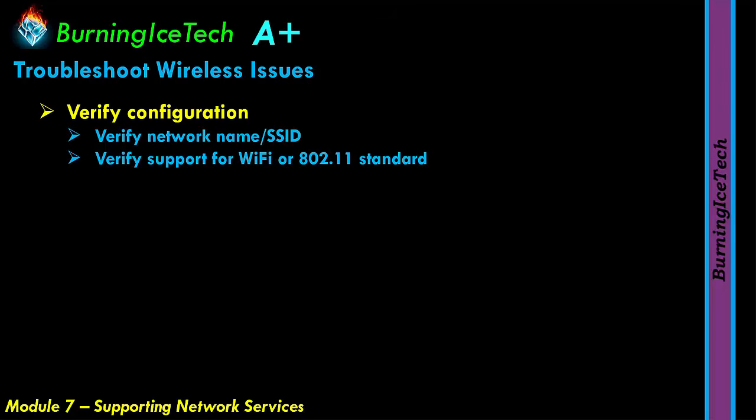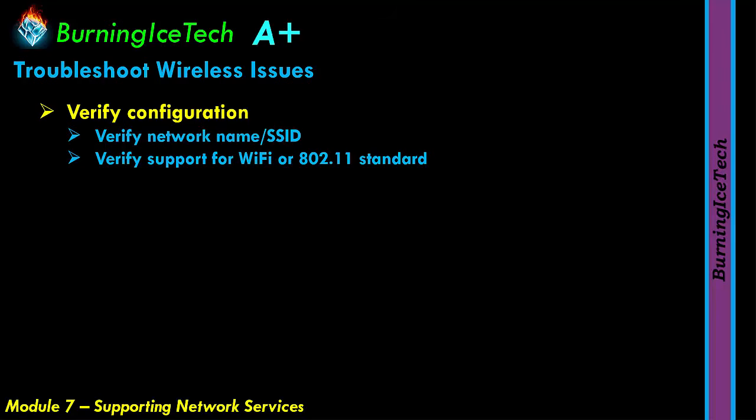Now, also in the category of verifying configuration, something you can potentially go and look at is verifying support for Wi-Fi, or should I say the 802.11 standard. It could be that this device just does not support Wi-Fi, or maybe the frequency you're trying to connect to, it doesn't support that. If you go look at the wireless standards, guys, they all end with 802.11 something. Maybe this laptop or this phone or this tablet only supports 802.11g, which is one of the most common standards you get.